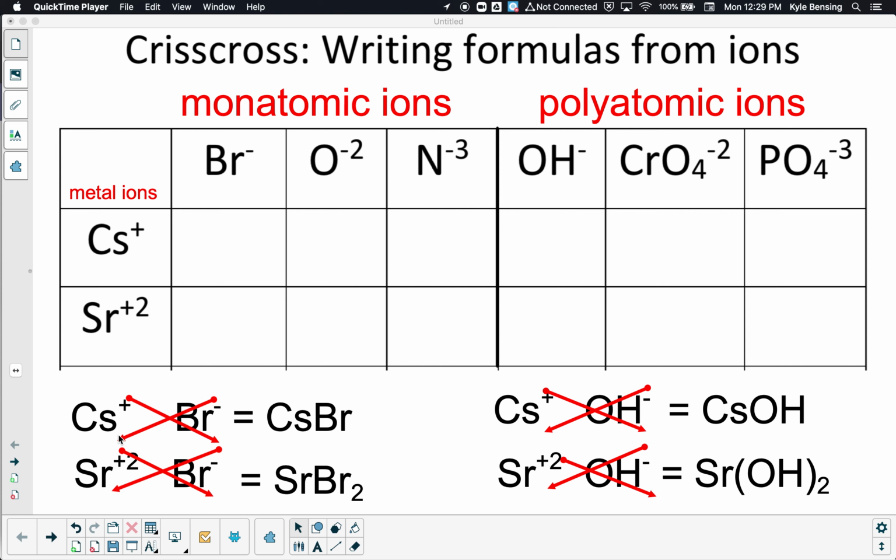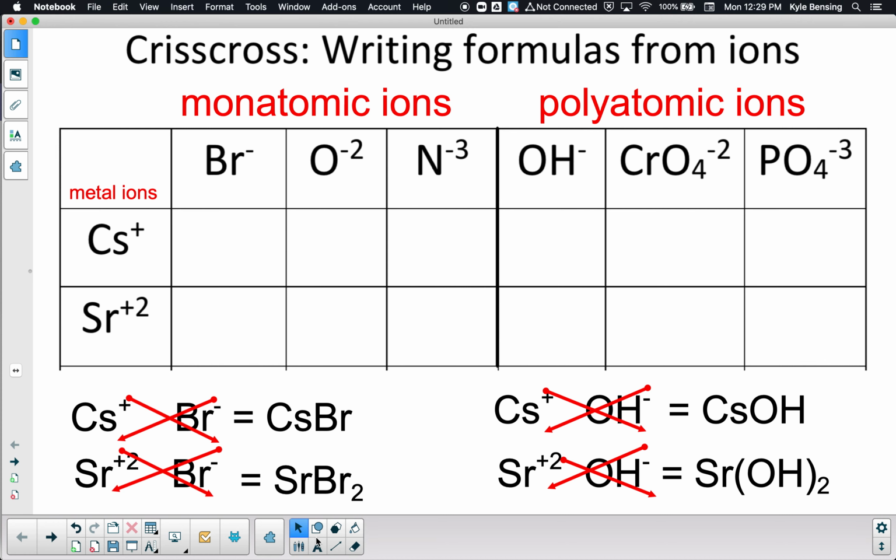Okay, now here's the big deal. Here's why you don't see anything here. Because cesium has a plus 1 and we don't write 1s for subscripts. Okay, that's why it doesn't look like there's anything there. So the plus 1 comes down and I don't have to write a 1 down at all. The minus 1 comes down, I drop the minus, and we don't have to write the 1 at all.